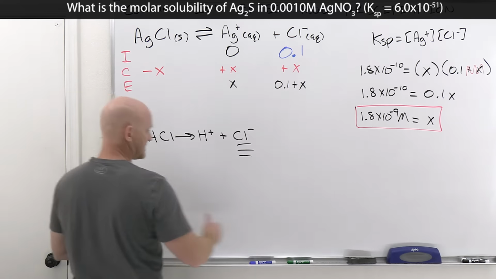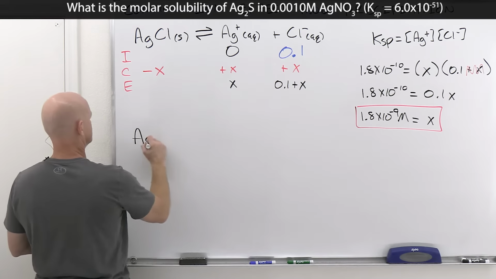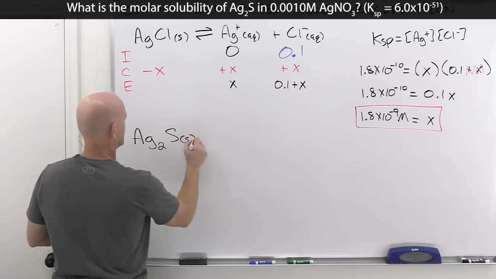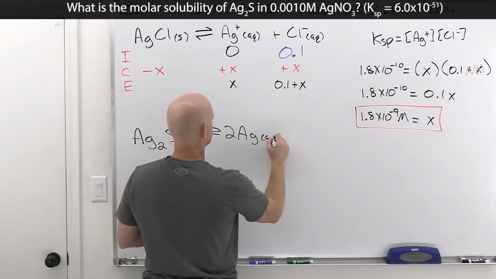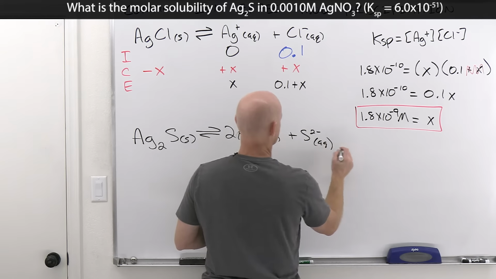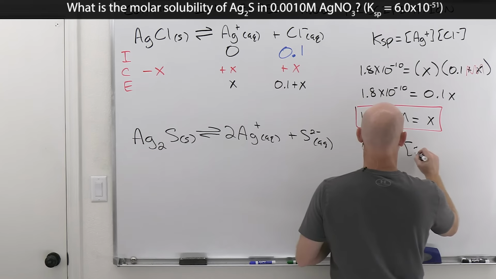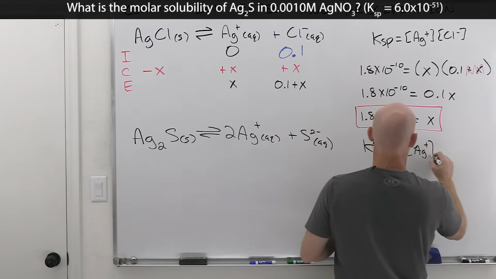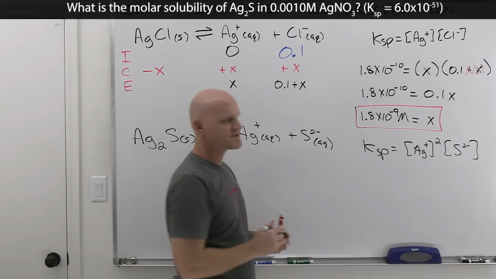And so we're looking at Ag2S. For the Ksp, that's going to dissolve into 2 silver ions and a sulfide ion. And the Qsp expression is Ag plus squared times the sulfide concentration.